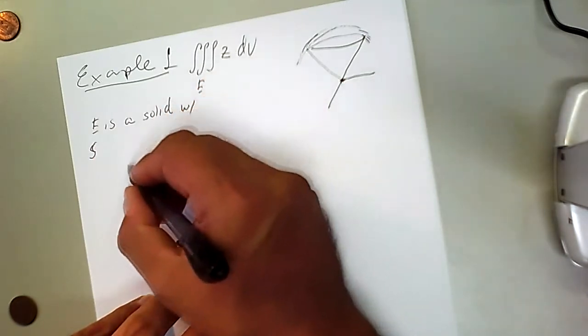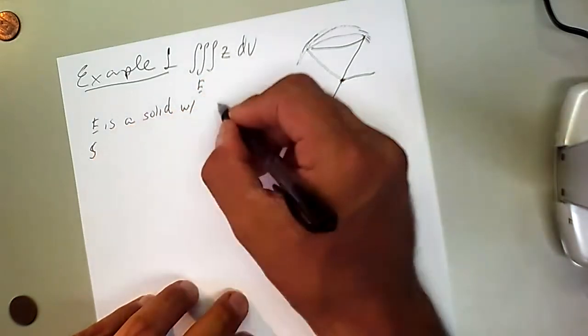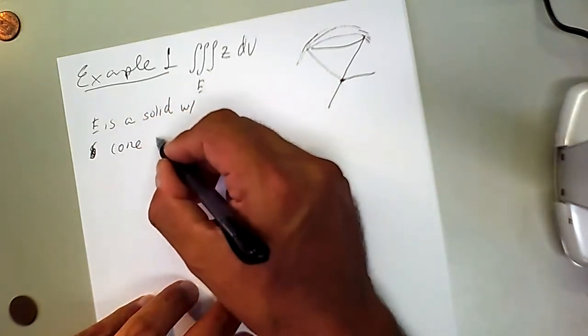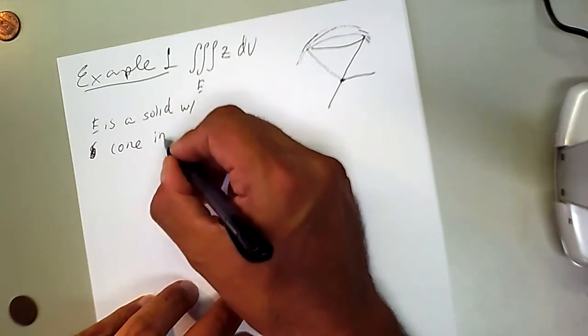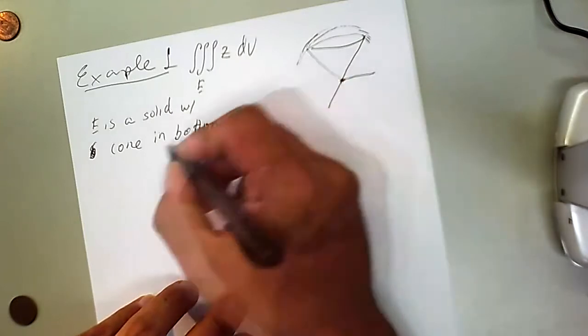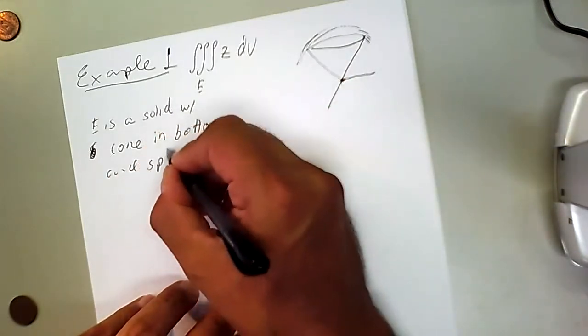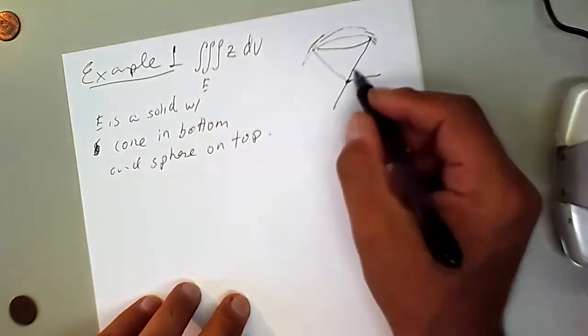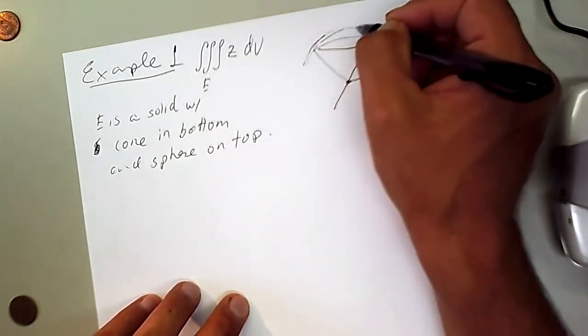with a cone on the bottom, and a sphere on top. The other way to say it, inside the cone and inside of the sphere.